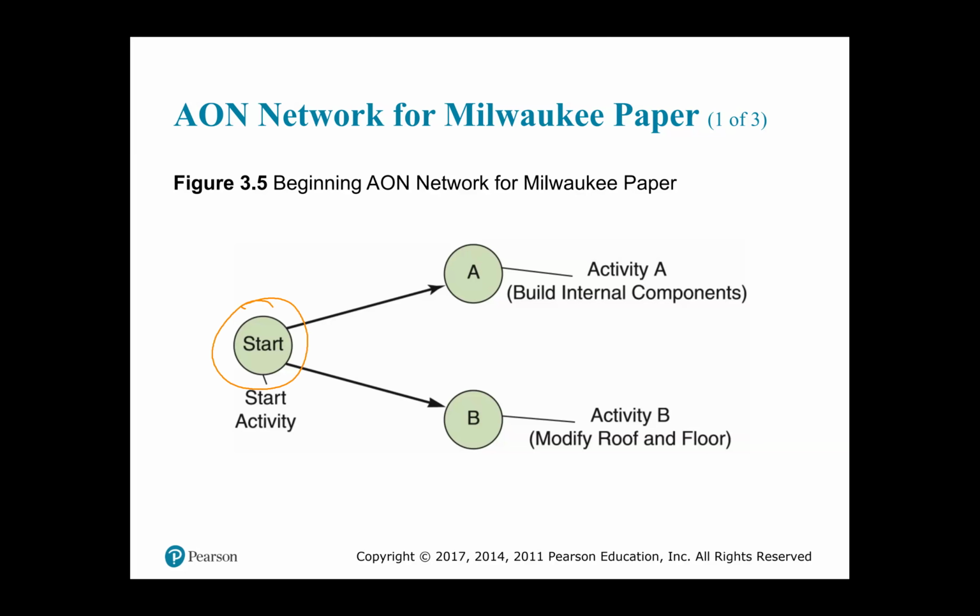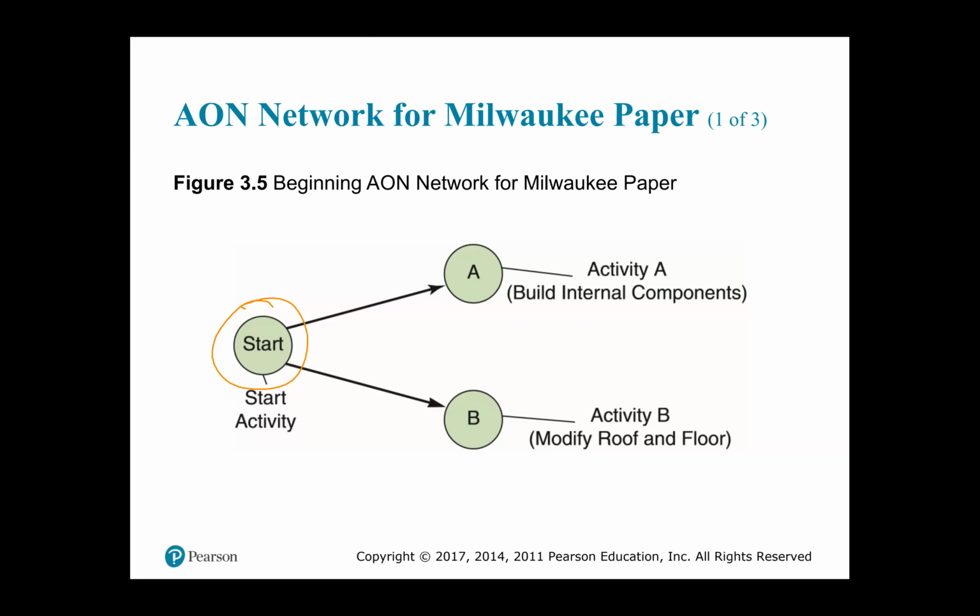So we begin with a start node. Even though when you look at the work breakdown structure, at the description, you see nothing that says start, the point is you must have startup activities. So to begin the drawing of the network, you begin with a node that is labeled start.